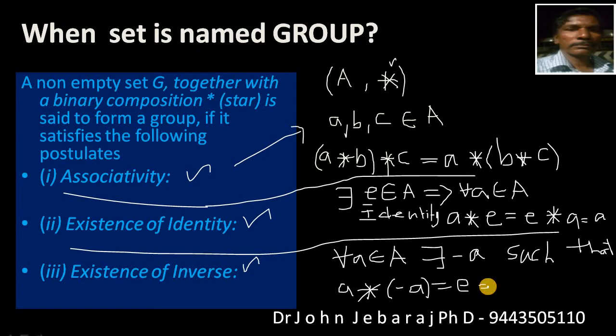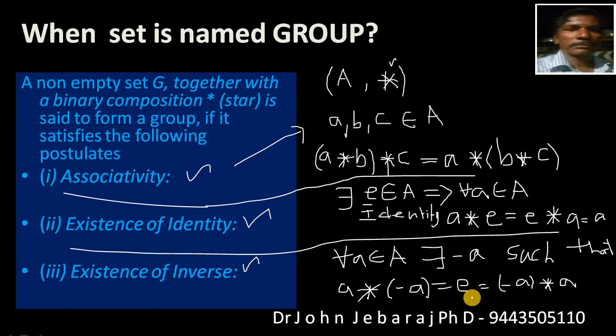And that is also equal to saying that when this element is operated on by A, you should have the identity element E. So for every A belonging to A, there exists an element minus A, such that if this element and this element are operated on by this binary operation, then you will have the identity element.